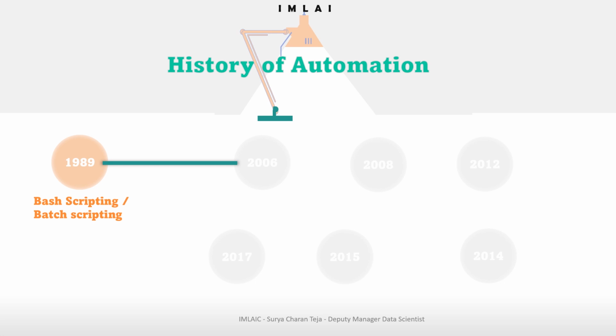So not just operating system tasks, like virtualization tasks, or cloud tasks, or any DB task, or any build automation. So system admins or operations team started adopting programming languages like Python, Ruby, and even Perl.